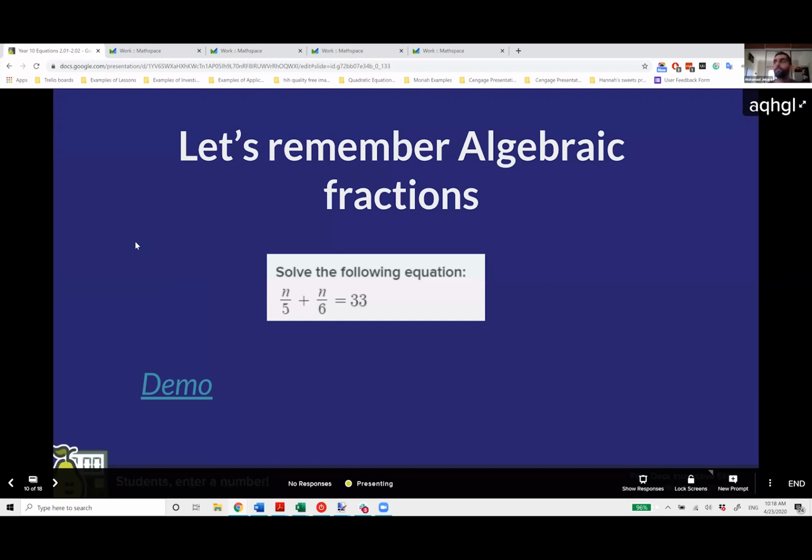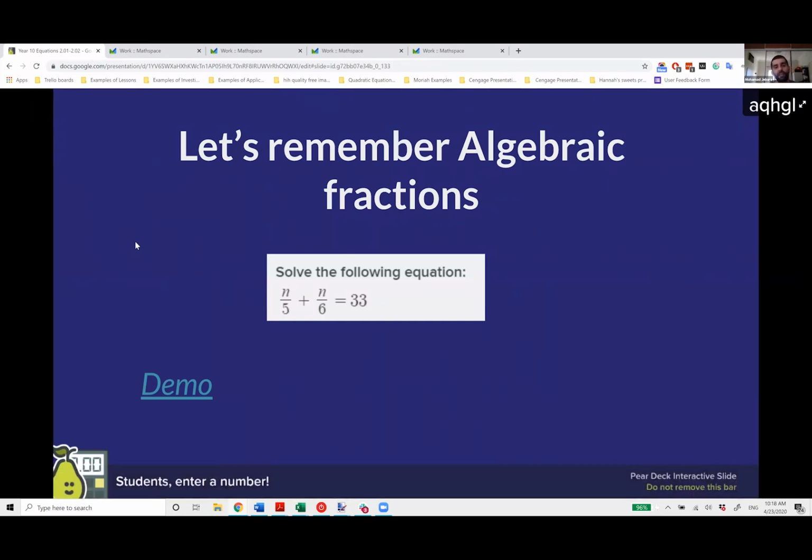All right, here we go. It's probably the hardest thing now with equations when you start introducing fractions. So this one's a relatively easy one. Solve n on 5 plus n on 6 is equal to 33. Let's go.